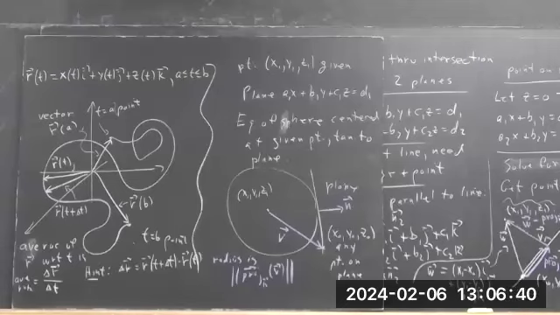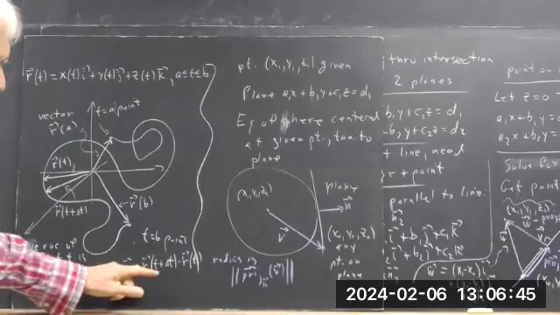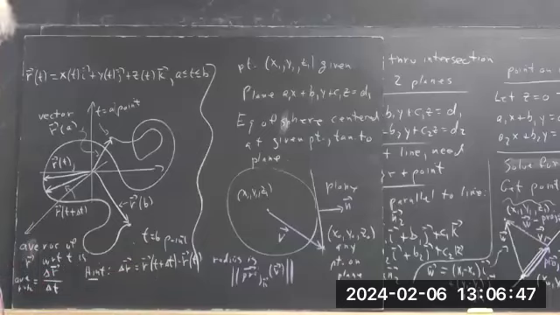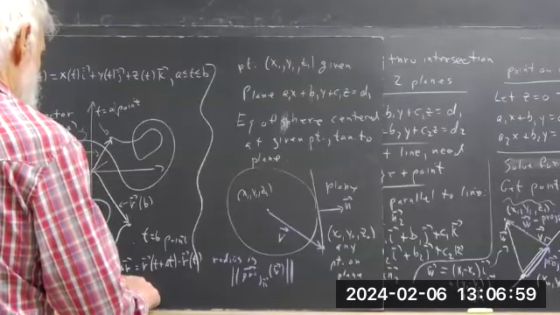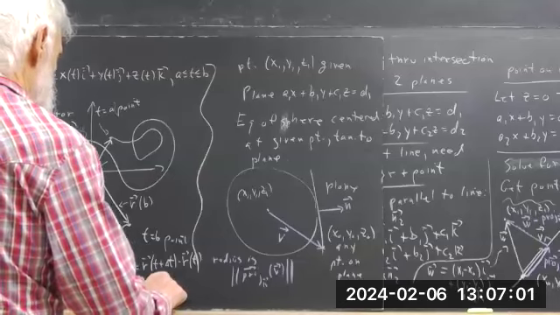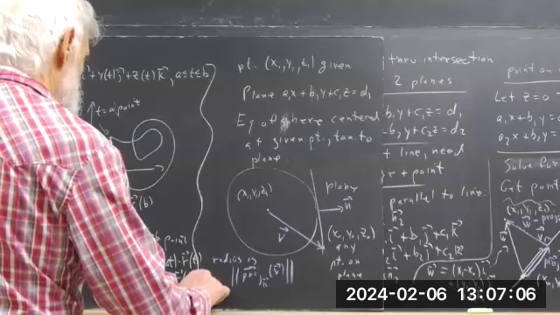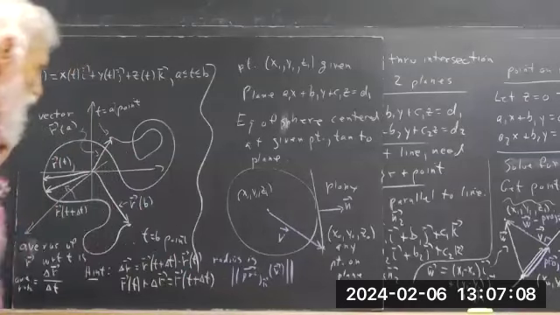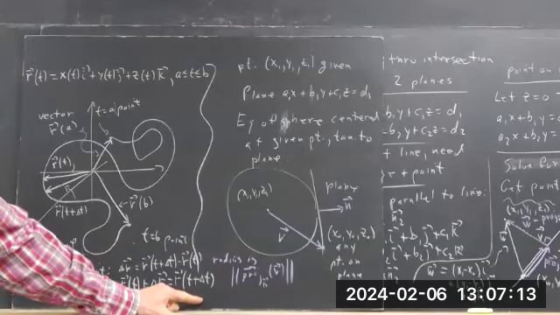Well, not everybody got this. Delta r equals this minus this. Then how could you write this as an addition? r of t plus delta r equals r of t plus delta t.